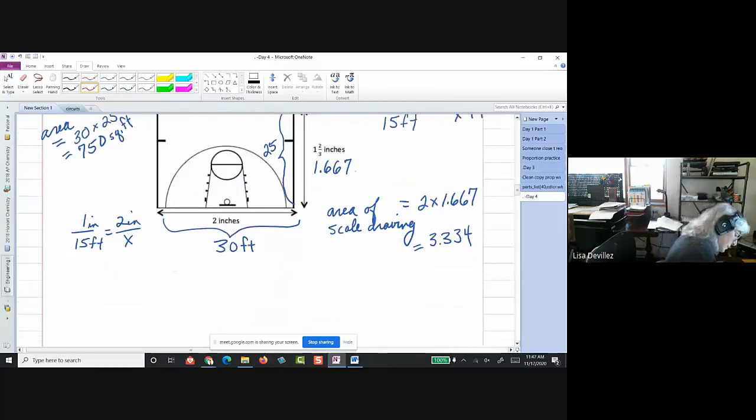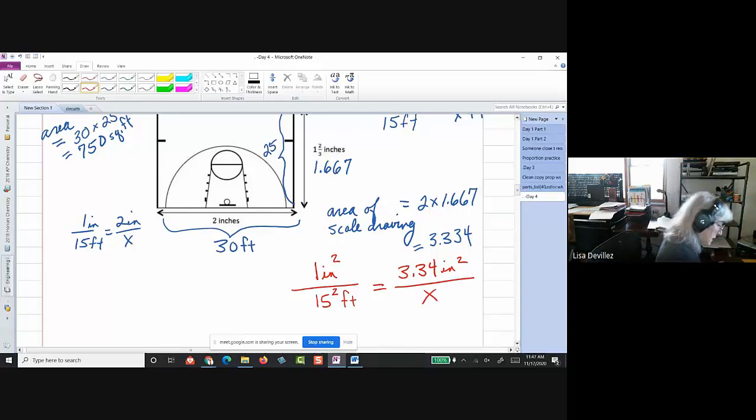All right, so if I'm working with areas, I say that 1 inch squared over 15 squared feet is equal to 3.34 inches squared over x.